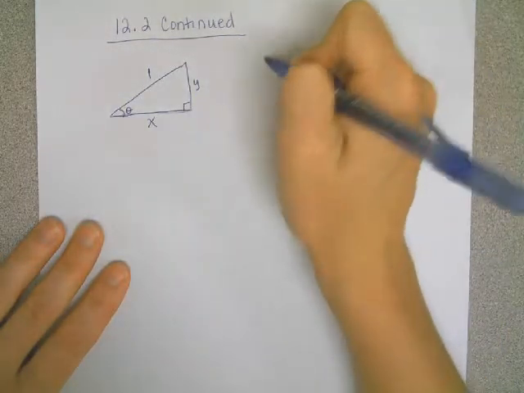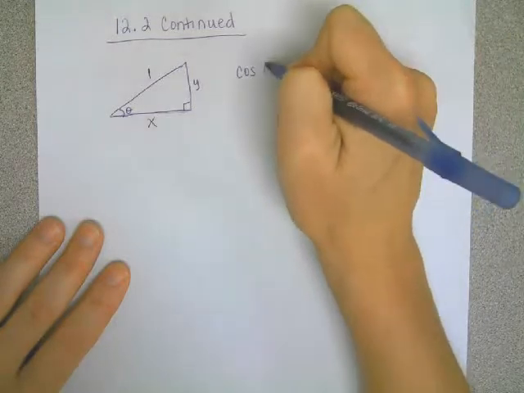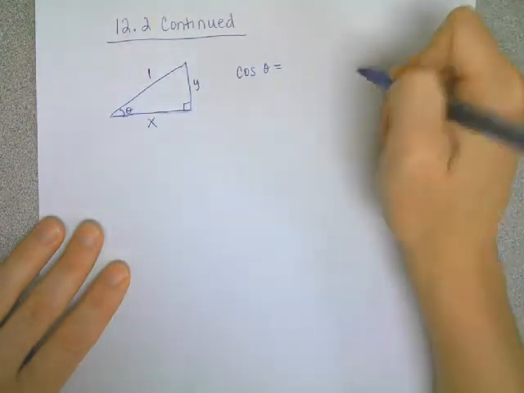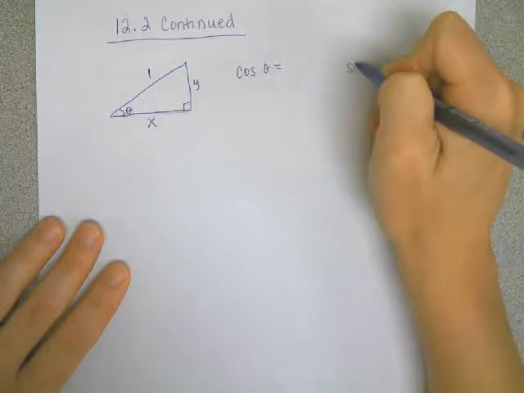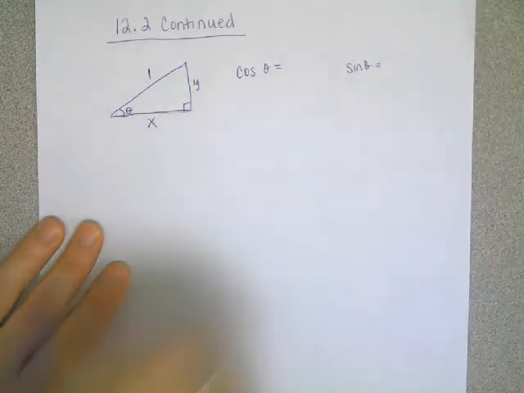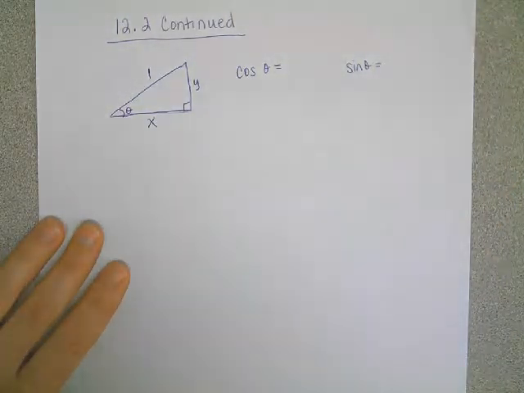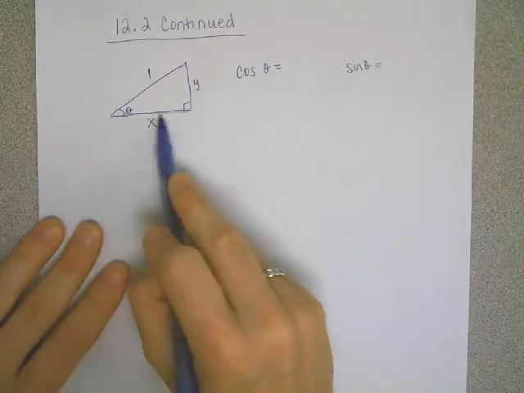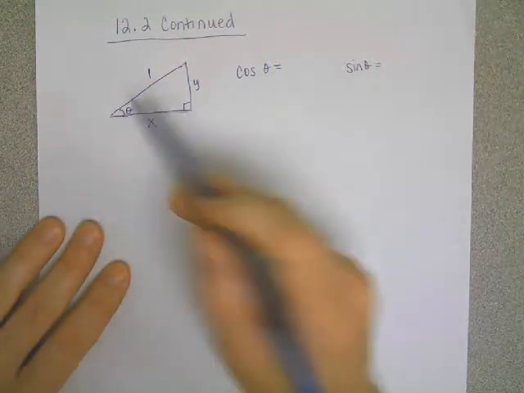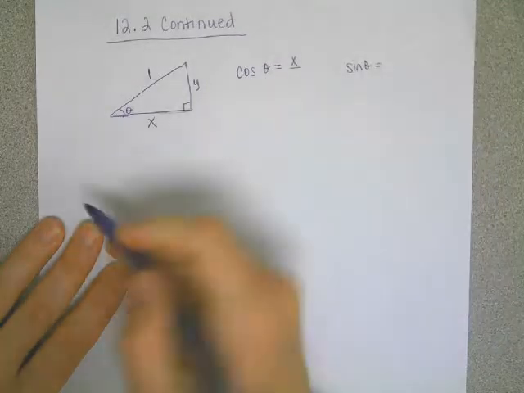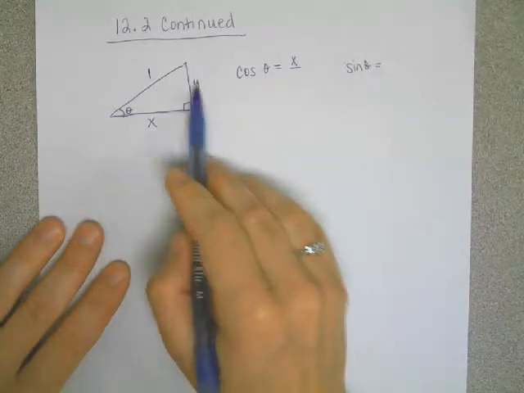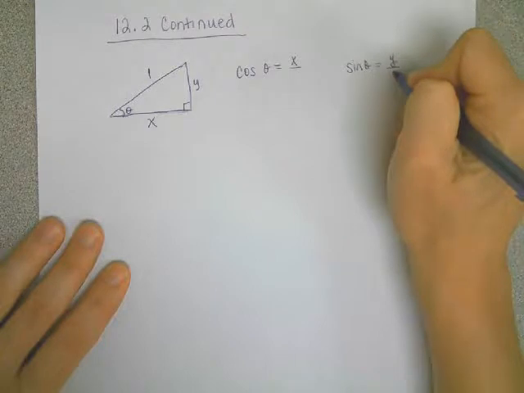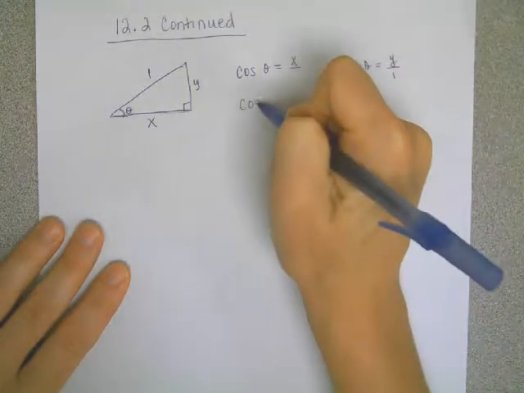Could you guys tell me what cosine of theta equals and what sine of theta equals according to this triangle I've drawn? So cosine would be adjacent over hypotenuse, and sine would be opposite over hypotenuse. These both simplify.